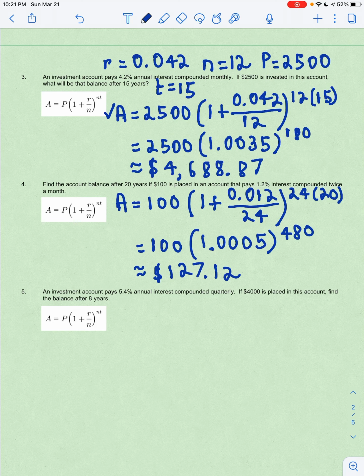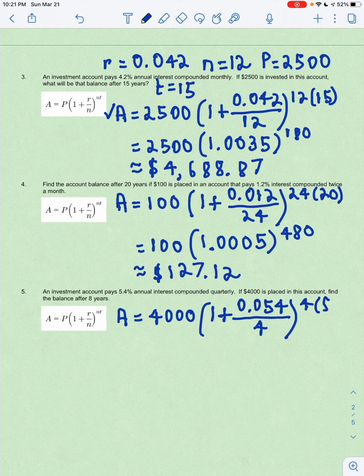Our final problem. An investment account pays 5.4% in annual interest compounded quarterly. If $4,000 is placed in this account, find the balance after 8 years. So A is going to equal the 4,000, that's the principal, the amount you're investing, times the quantity 1 plus the rate, which would be 0.054 for 5.4%, divided by N. Compounded quarterly means 4 times per year, and then raised to the N for T, which is the time, and that would be 8.